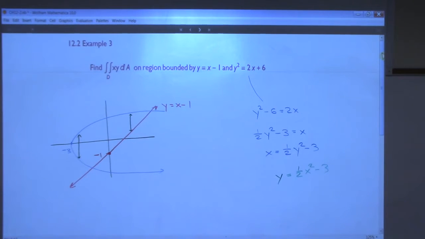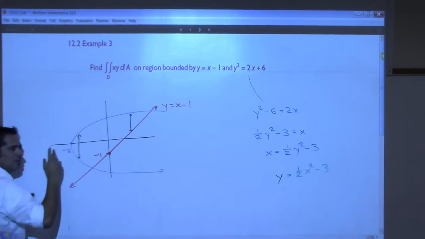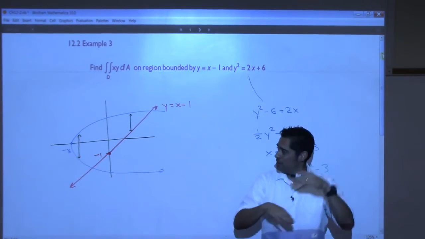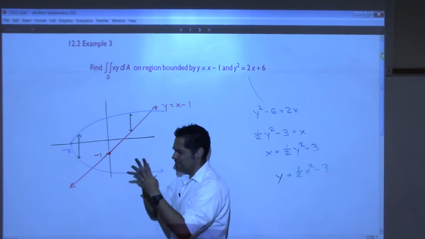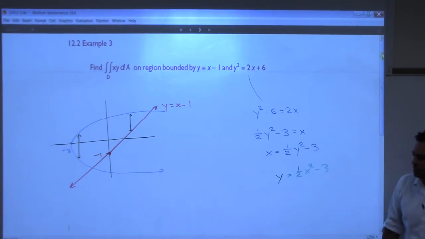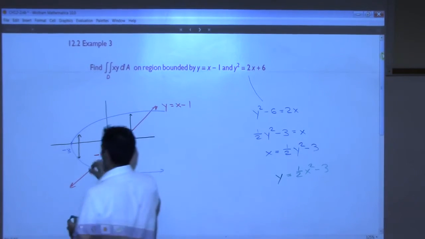And that's why you can't do it as a type 1. Because this curve is the same as this curve, right? So technically, when I try and do the top curve minus the bottom curve, over here, I'm going to get 0. Something's going to go wrong there because it's the same function, same curve. So type 1 is no go.